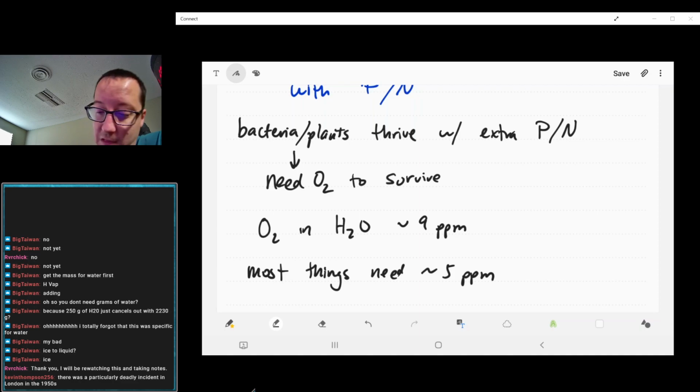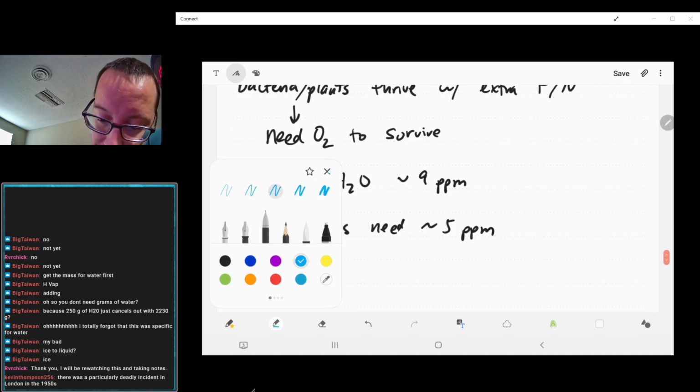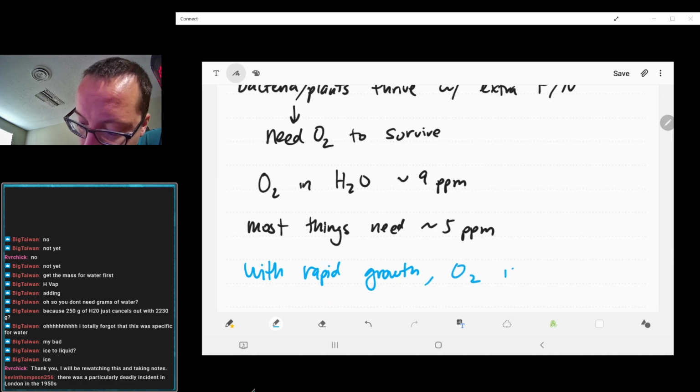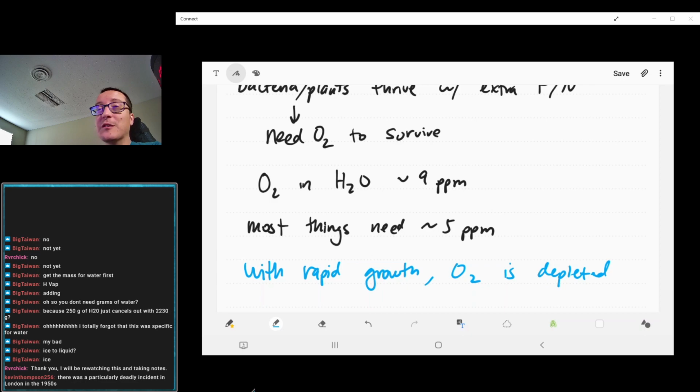And so, with extreme growth, we deplete the dissolved oxygen in the water, especially if that water is still. If it's not moving, we just have to wait for oxygen to diffuse into that body of water, which is an extremely slow process.